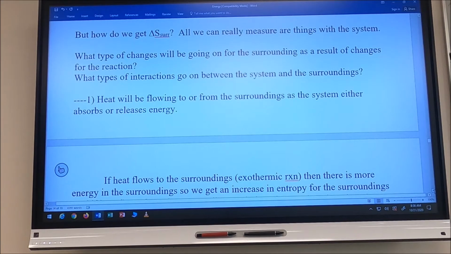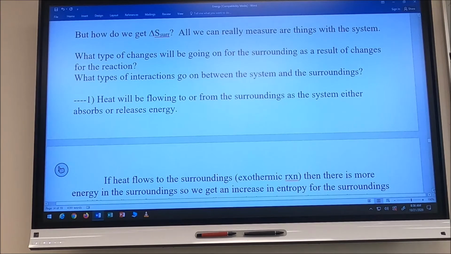Well, first thing we know is between a system and the surroundings, heat will be flowing into or from the surroundings as the system either absorbs energy, which would be into the system and out of the surroundings, or releases energy. That's energy coming out of the system and going into the surroundings. So if the system gains, the surroundings lose. If the system loses, the surroundings gain.